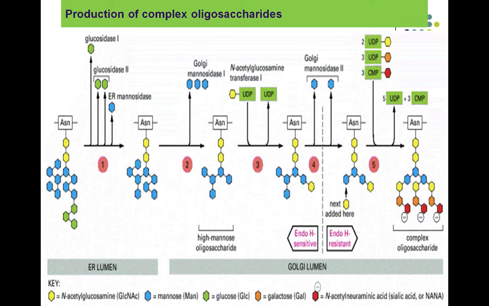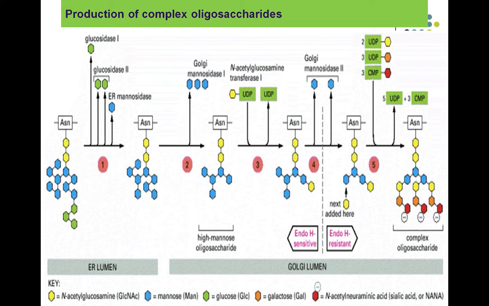So let's say that our raw material is an N-glycosylated protein with a core oligosaccharide attached in its asparagine residue. What enzymes come into play? We have glucosidases and mannosidases.